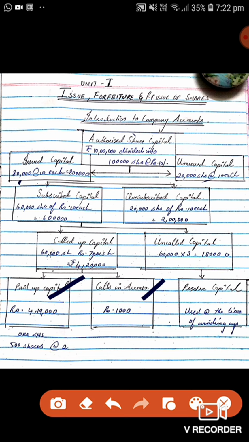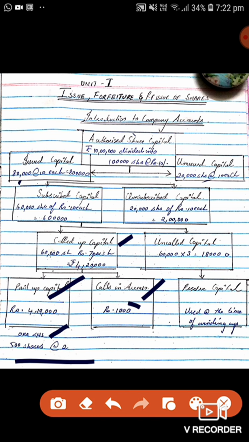So the called up is the amount which is receivable, paid up is the amount which is received. Sometimes one important thing which happens here is that shareholders might default in the payment of call money. Say, for example, one shareholder hasn't paid for 500 shares at rupees 2.